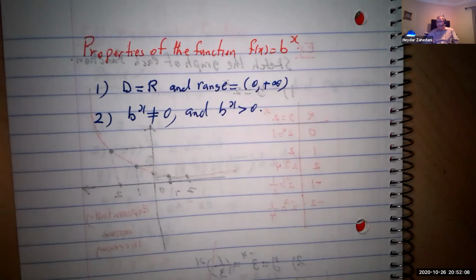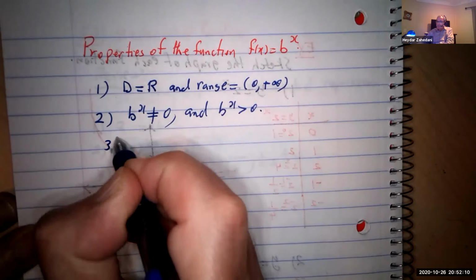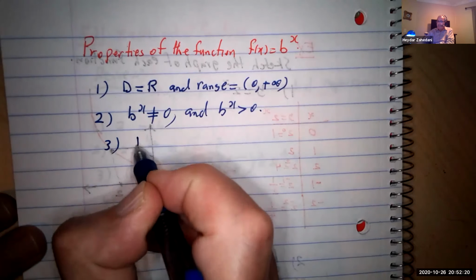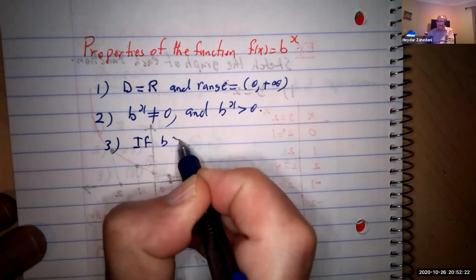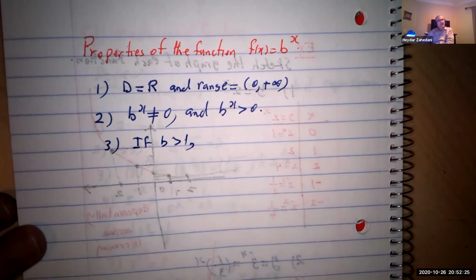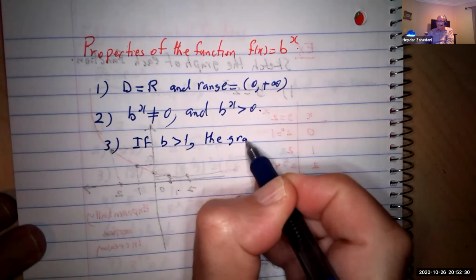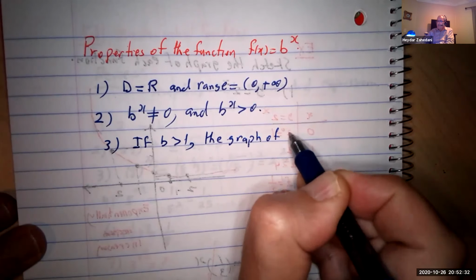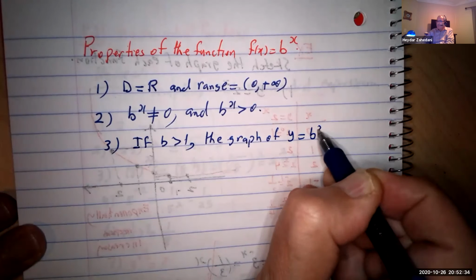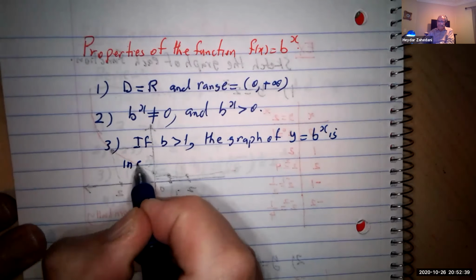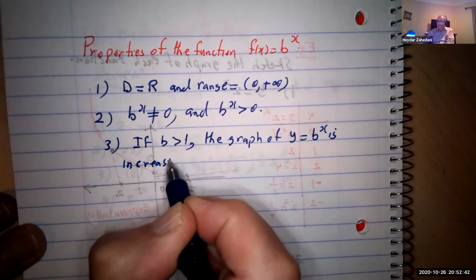Okay, the other property is going to be the one we talk about, the graph. Okay, so there you are. If b is bigger than 1, you know that the graph of y equal to b to the x is increasing, up, increasing.